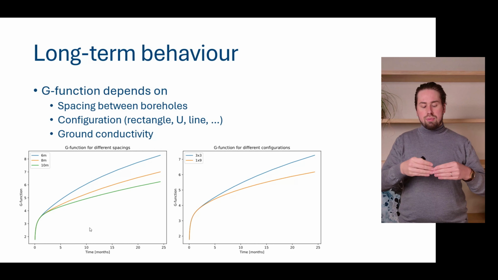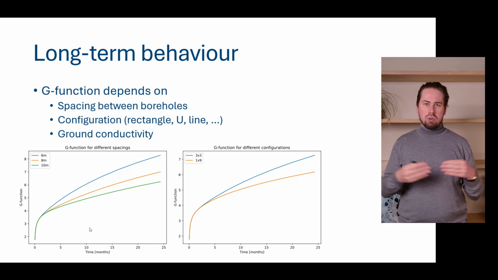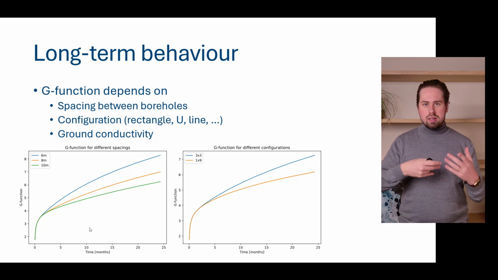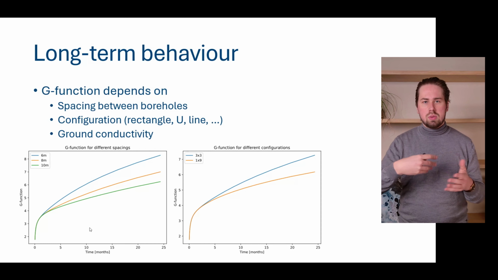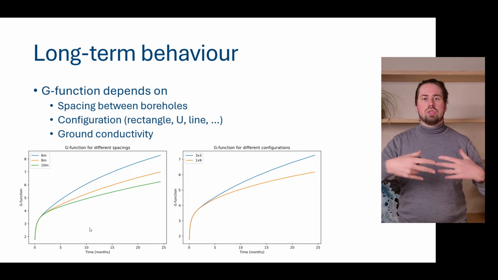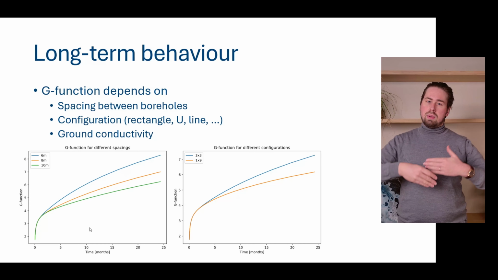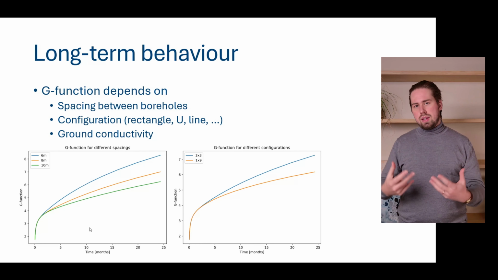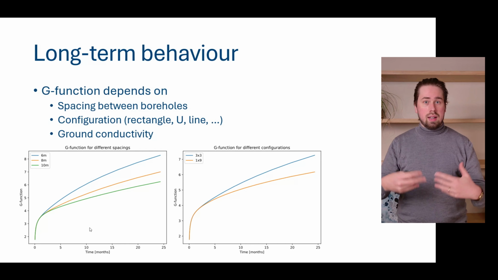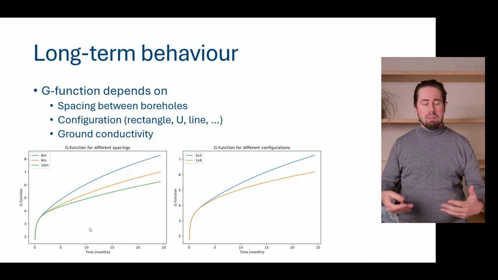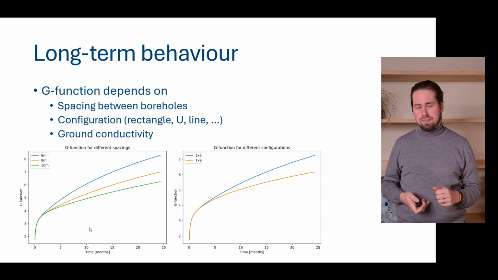Now, if we have all our boreholes on a line, it's way easier for all the boreholes to exchange heat with the undisturbed ground, or with the infinite ground around it. So that's also why if we place them on a line, the G function and the long-term effect, and hence also the influence of the imbalance, will be less pronounced.